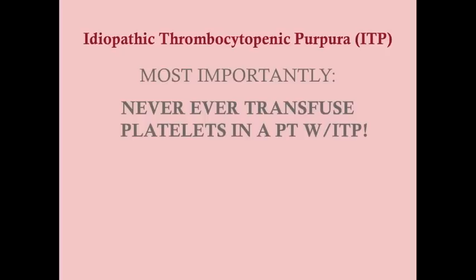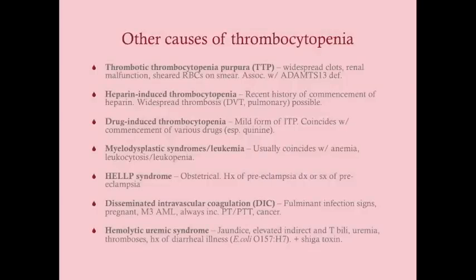Some other causes of thrombocytopenia, there are a lot, so don't get overwhelmed here, but we'll look at how they're unique from one another. So TTP, or thrombotic thrombocytopenic purpura, is going to manifest as widespread clots, also renal malfunction, and then this is important, sheared red blood cells on smear.